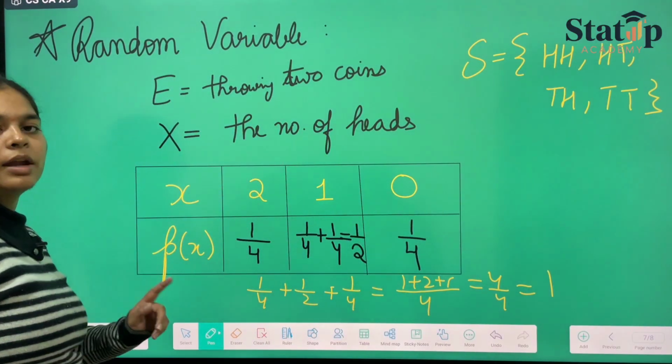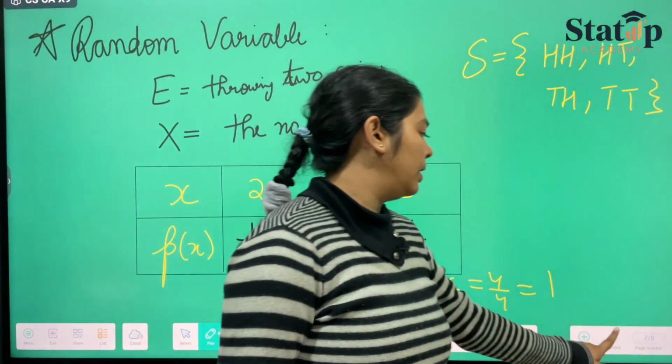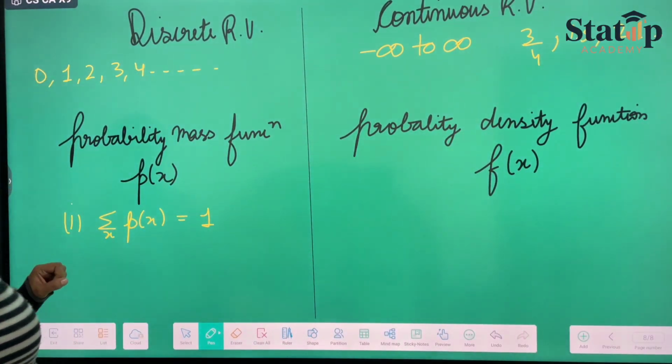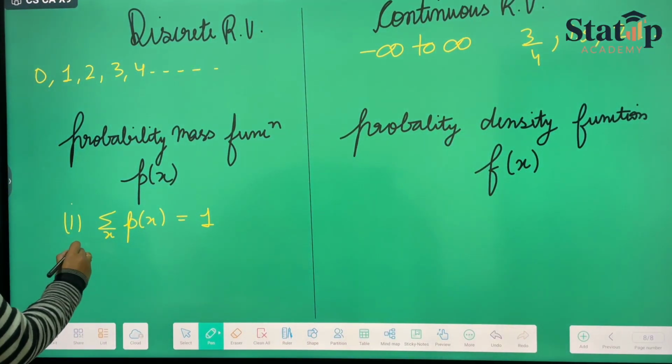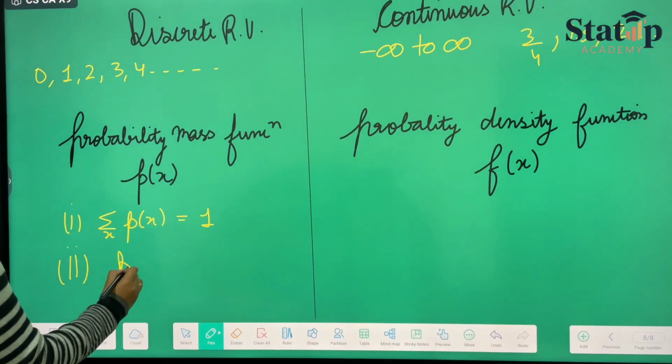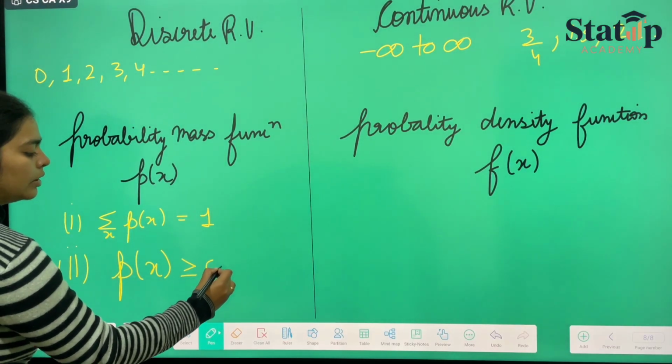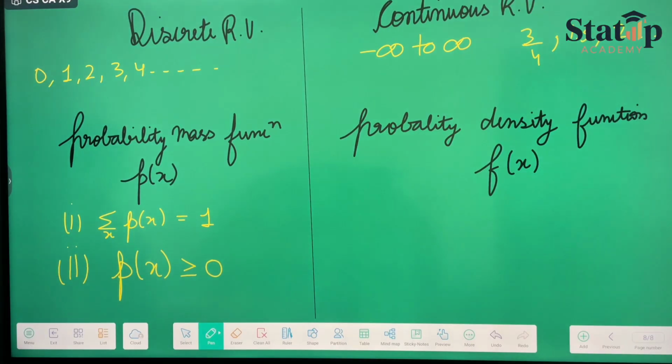So everywhere the sum of probability will be equal to 1. And the second rule is that the probability mass function should always be greater than or equal to 0.